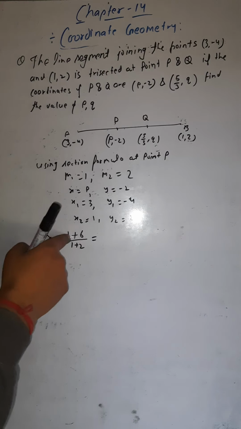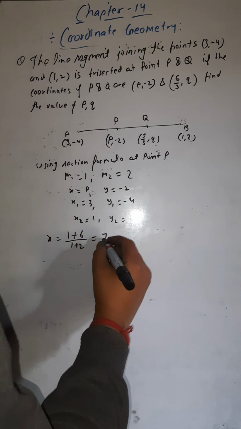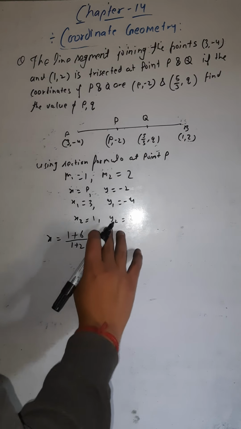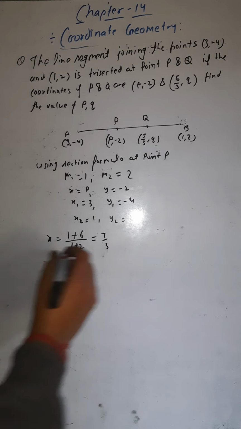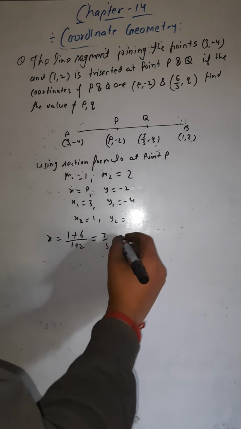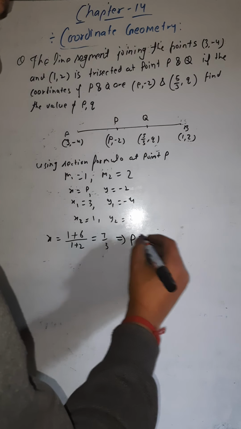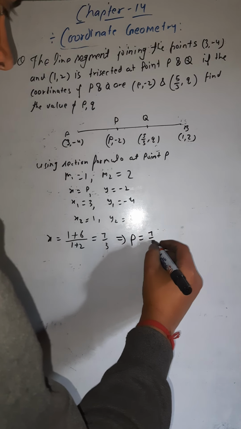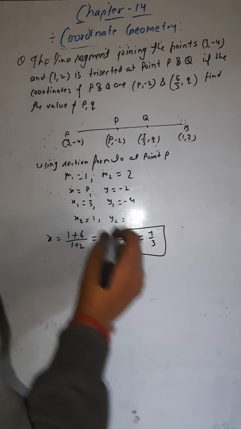So the answer would be 6 plus 1, 7, so 7 by 3. This is the value of X. But X is how much? X is P. So it implies the value of P is 7 by 3. We have got the value of P.